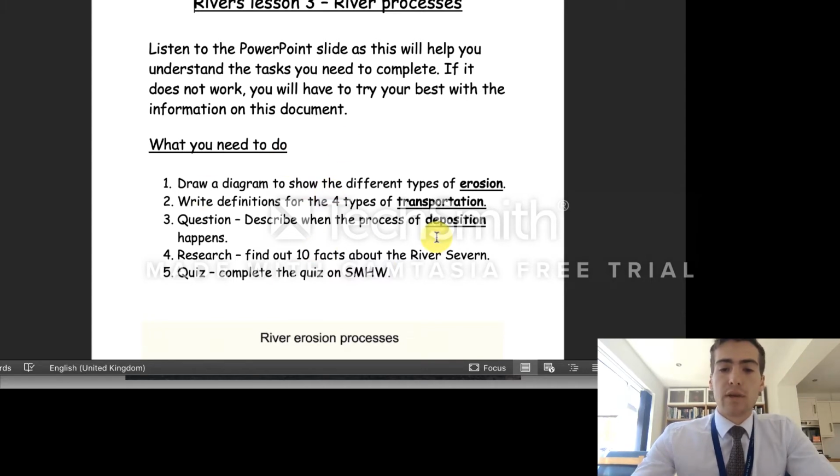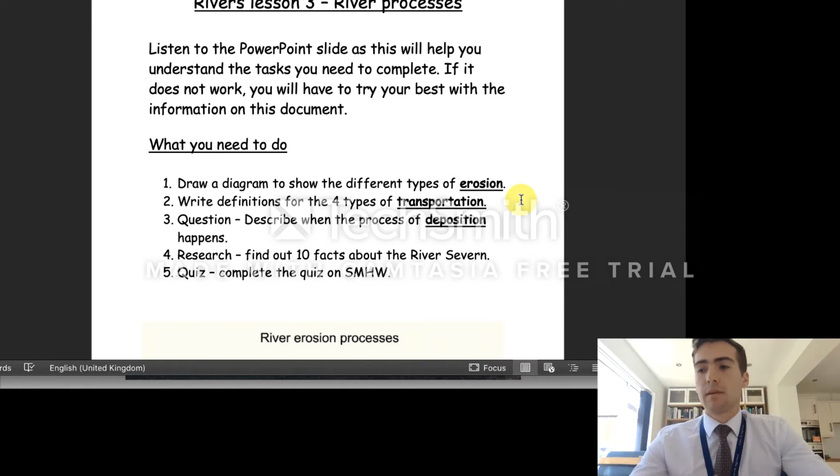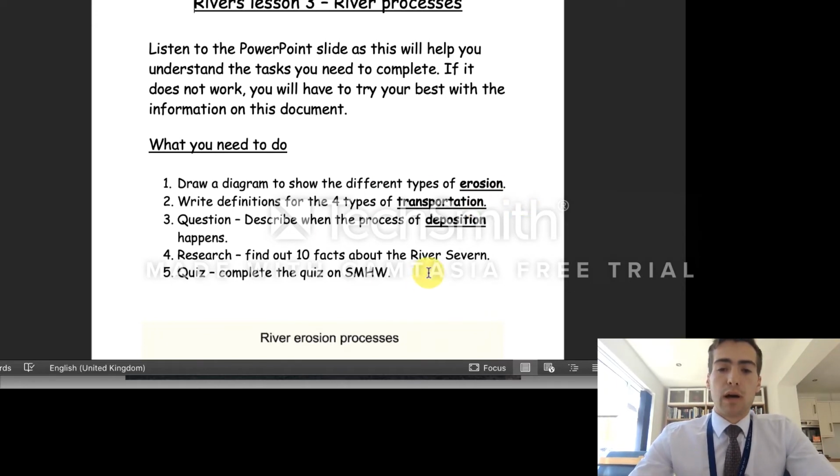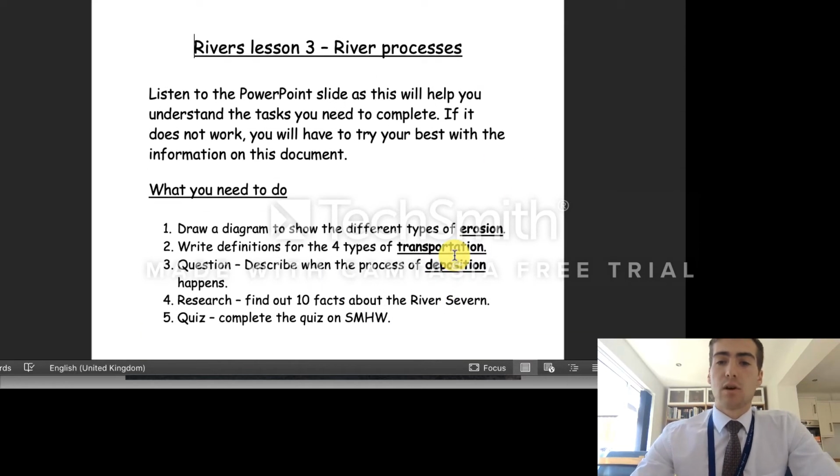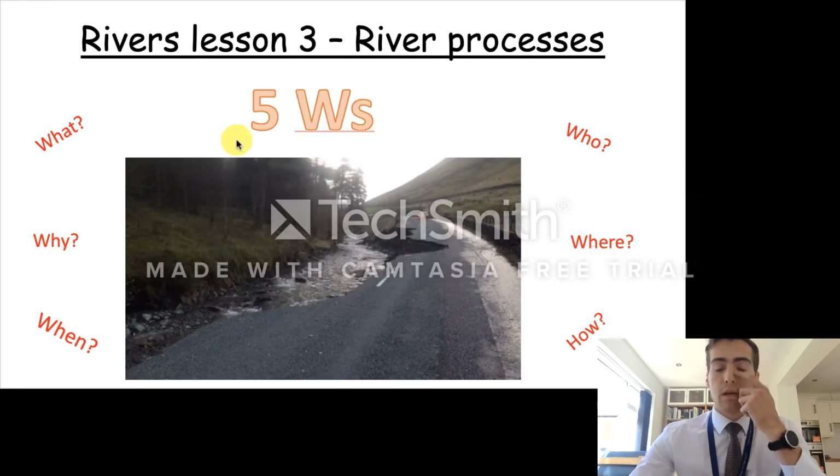So there's one for each of the river processes, and that'll make sense as I go through them in the PowerPoint. Or you can watch the whole clip and then do them afterwards. You should be able to pause it at different times as well. So you might be able to watch a little bit of it, pause it, and then complete a task. It's up to you how you do it, but they are the tasks that you need to complete for this lesson on river processes.